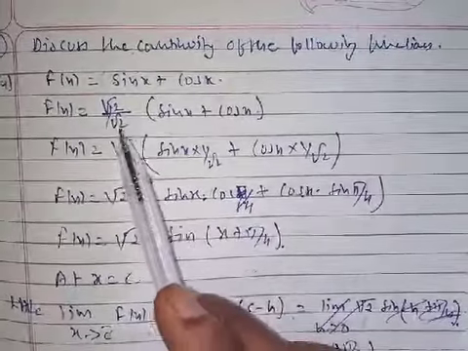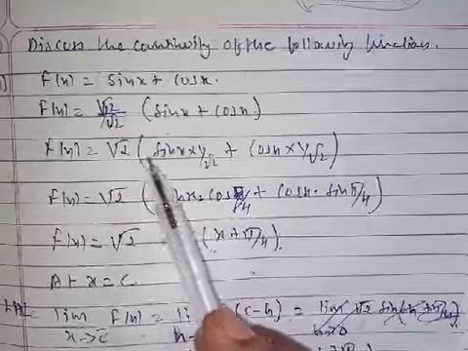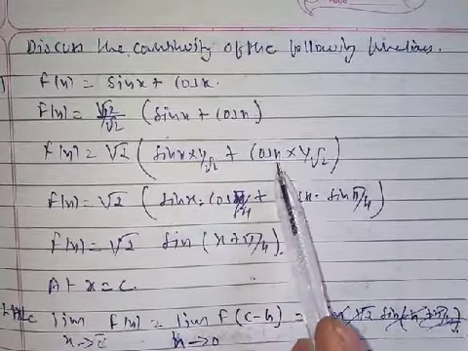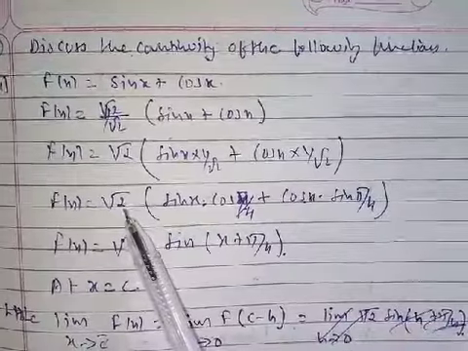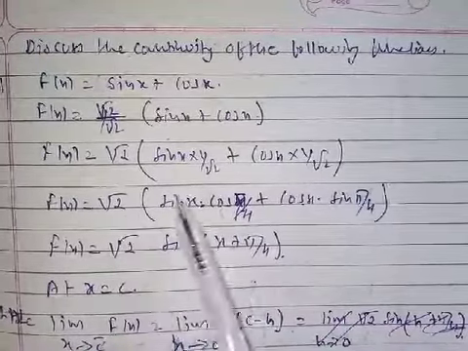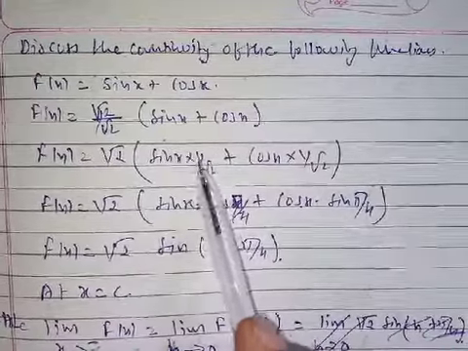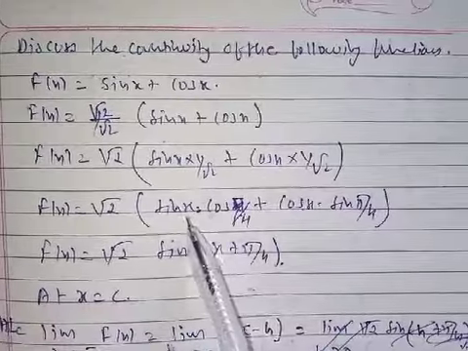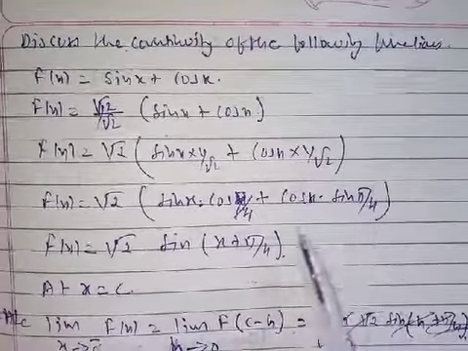So if you multiply with root 2, 1 by root 2 is taken inside and root 2 is outside. So what we get? Sin x into 1 by root 2 plus cos x into 1 by root 2. So f(x) is equal to root 2 times this. Now 1 by root 2 is cos pi by 4, and here we can write 1 by root 2 as sin pi by 4. So what do you get?